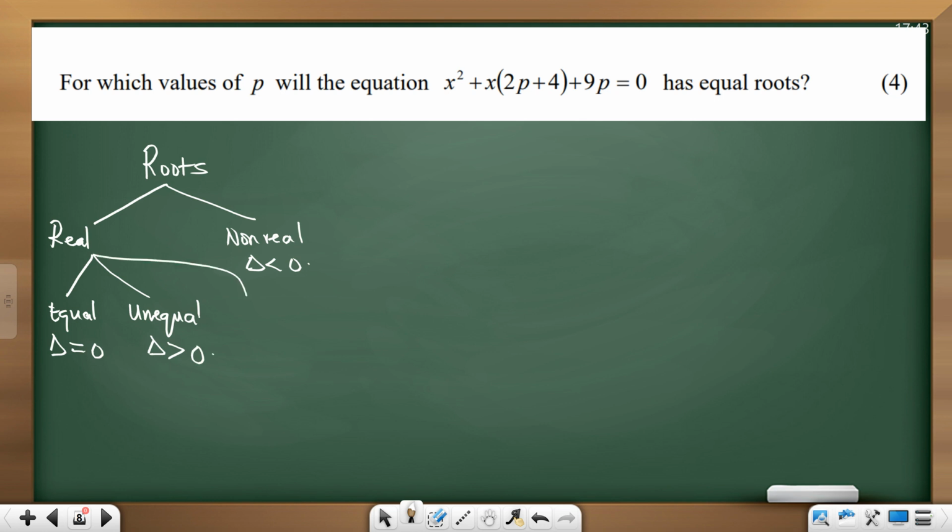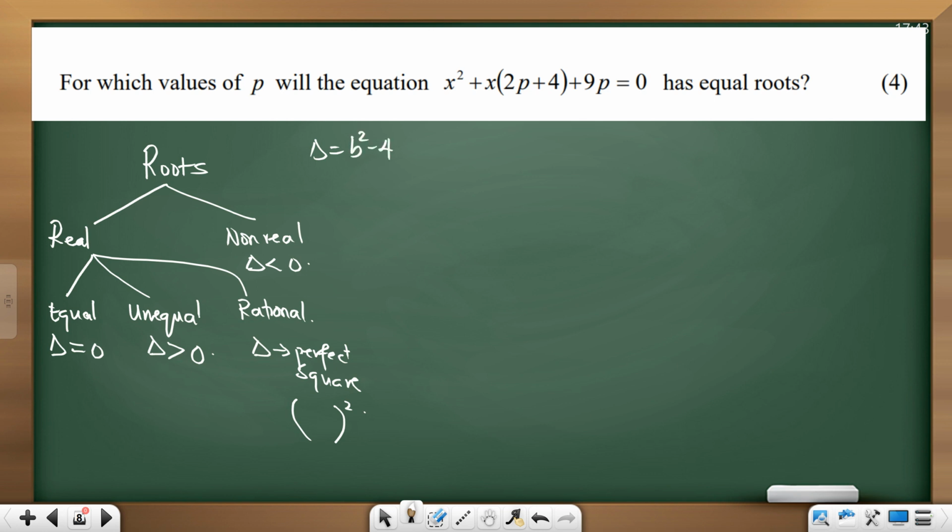Now, the third one is that your root could be rational. If that's rational, this is a perfect square. When we say it's a perfect square, when you solve, you must get something with a square. Summary of nature of root. Done. And what is your discriminant, by the way?